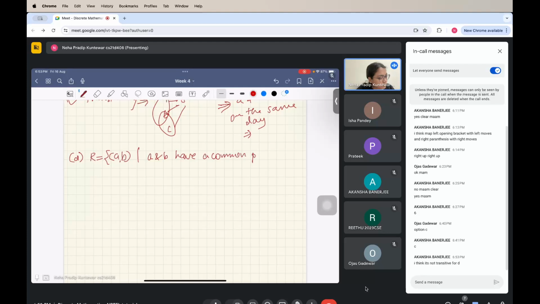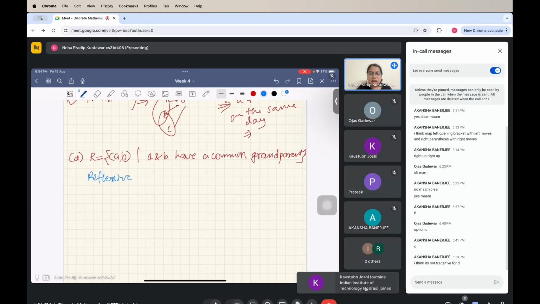So like Ojas said, this relation is reflexive because A and A have the same grandparent. That is obvious. What about symmetry?